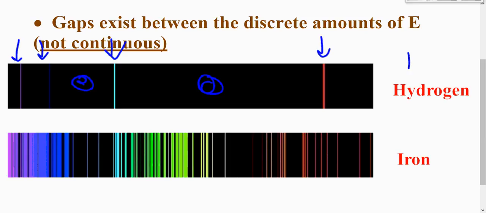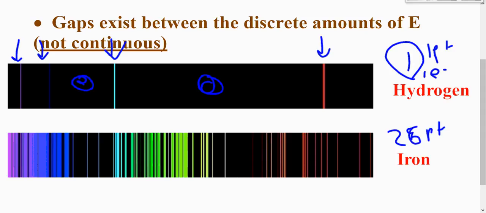Now, hydrogen's number 1 on your periodic table, and it has 1 proton, 1 electron. Iron is number 26 on your periodic table, so it has 26 protons, 26 electrons. It has more electrons, so it has more banding.